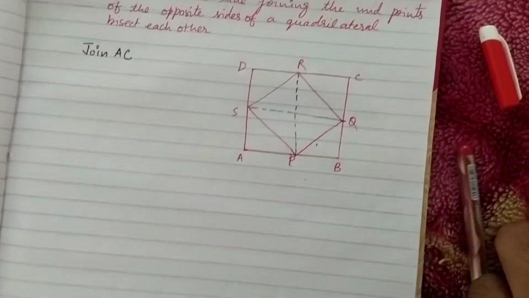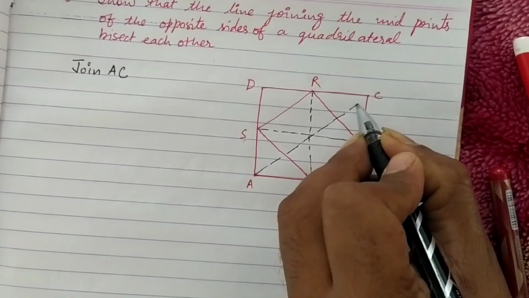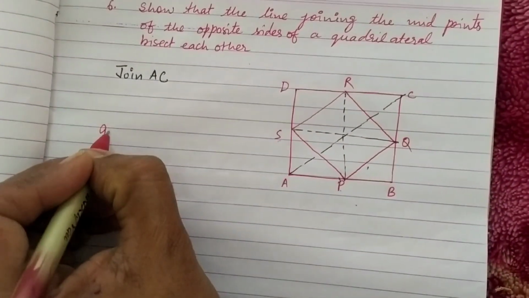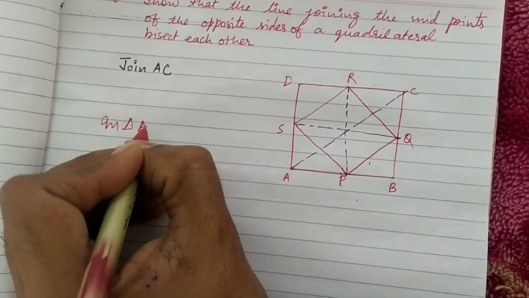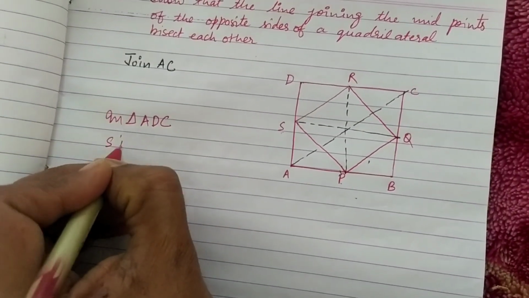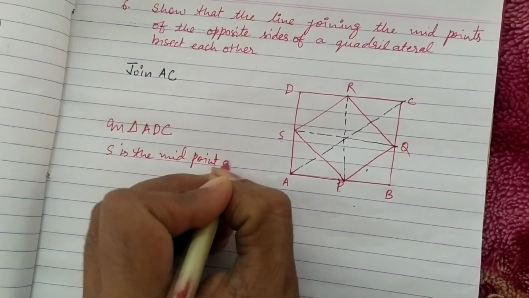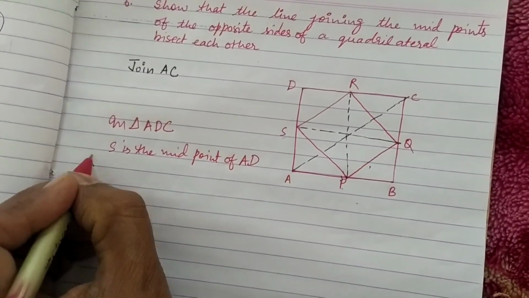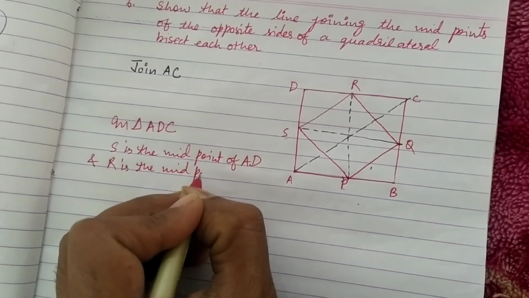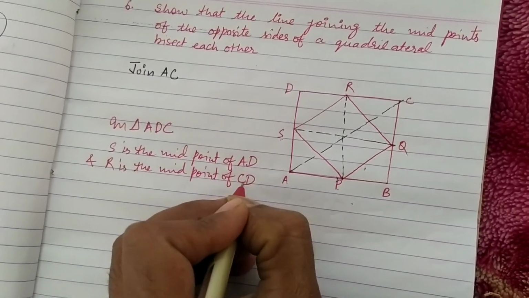So we'll do it. First we'll join AC. Join AC and now consider the triangles. In triangle ADC, S is the midpoint of AD and R is the midpoint of CD.